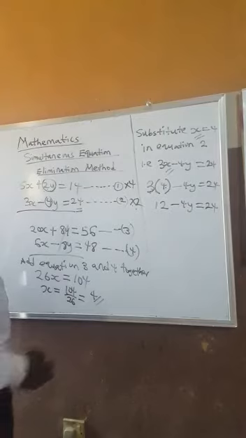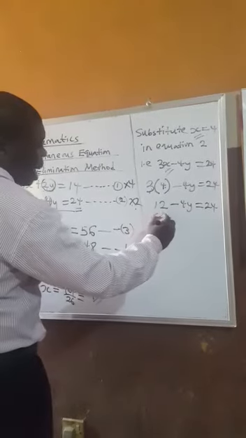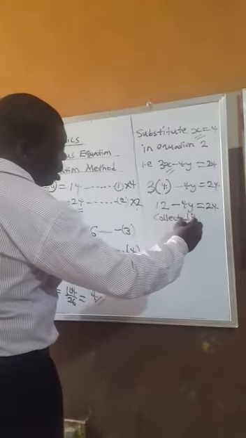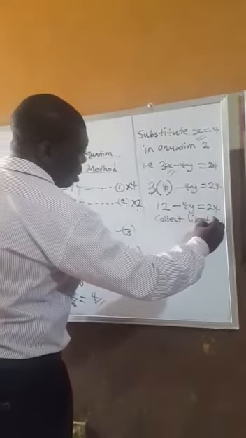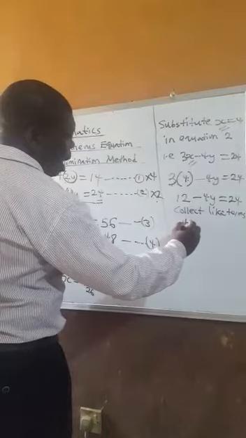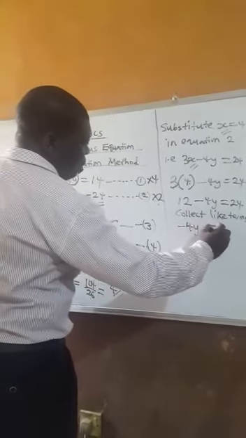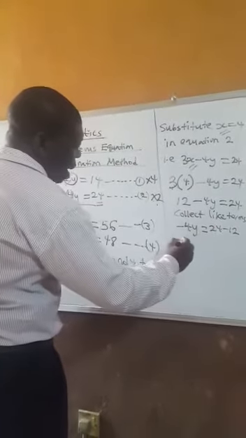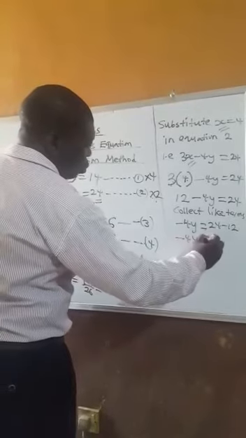Then you collect like terms. That is, we have minus 4y equals to 24 minus 12. So minus 4y gives us 12.